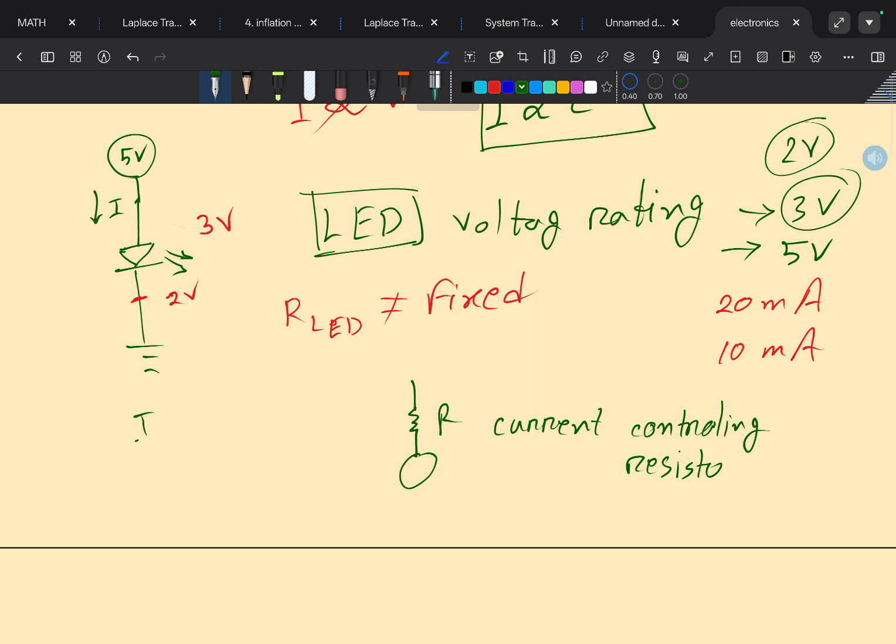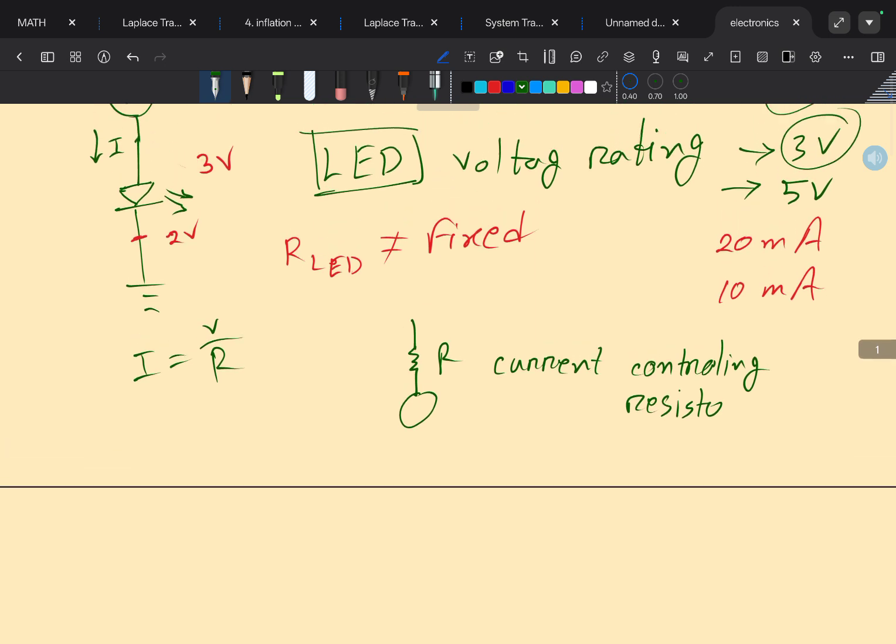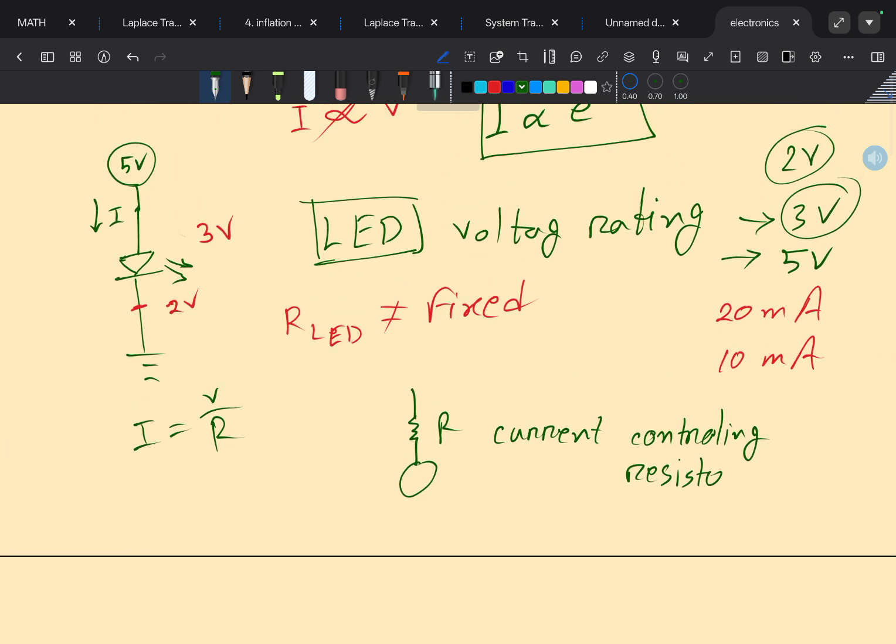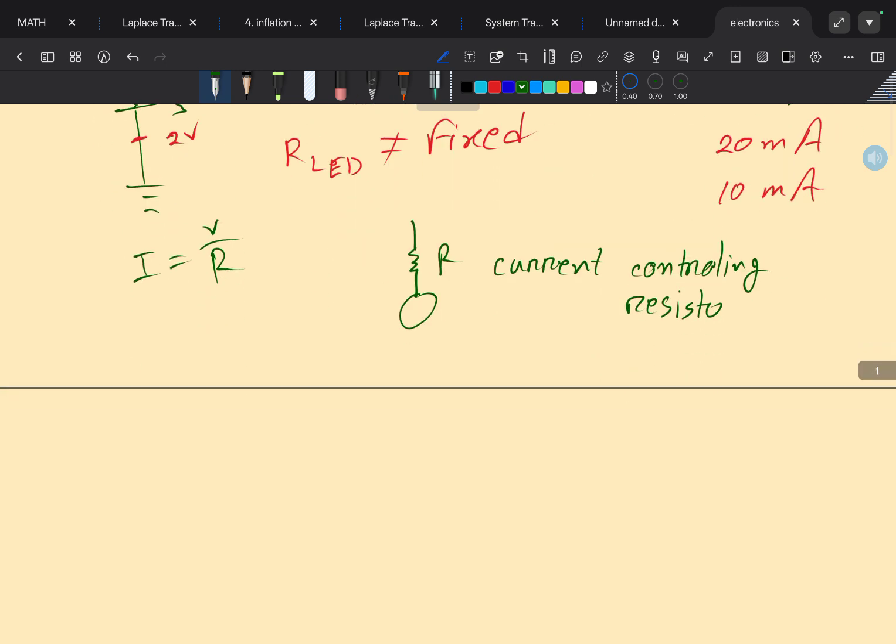We know that the current formula is I equals V divided by R. As we don't know the R, we cannot verify the I. This can cause a massive current flow, and the LED could burn down. So we need to control this current flow.